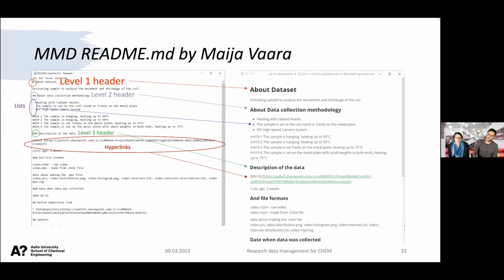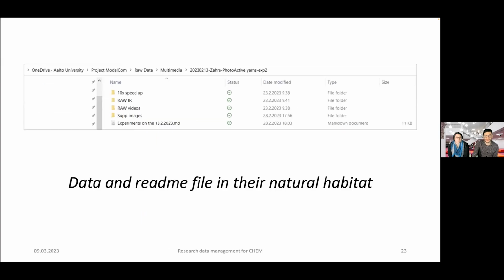So this would be the basic, better-than-nothing practice I would advise. Of course, there are other practices, but they are a bit more complex, and here we are talking about where to start, okay? For example, I took a screenshot of an experiment we did last week, and you can see there are multiple folders, and then there's a README file that tells exactly what is in these folders and how folders and videos are organized.